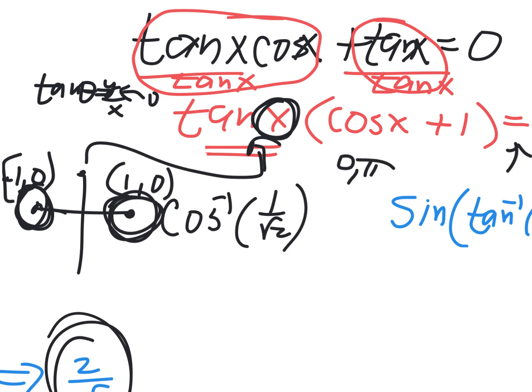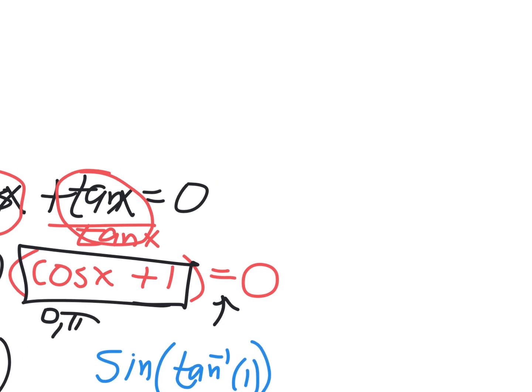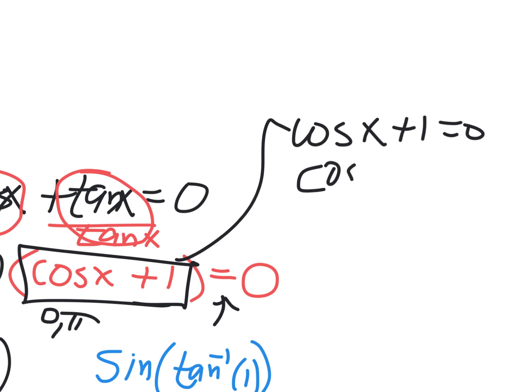Now, cosine plus 1 has to be 0, so cosine has to be negative 1, and I'm starting to get nervous that I might have one of those kind where one of the answers doesn't work. We'll find out. What if it had said cosine equaled like negative 2?